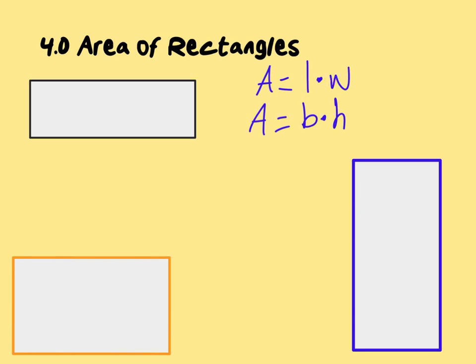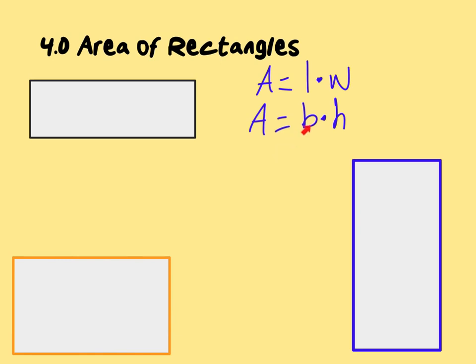If we're looking at the base of a figure, it's the bottom or the top because they're equal, and the height is this. If we're looking at the length and the width, the length is how long it is, and the width is how wide it is. So it doesn't matter what you call it, it's the same formula. It's just a labeling issue.